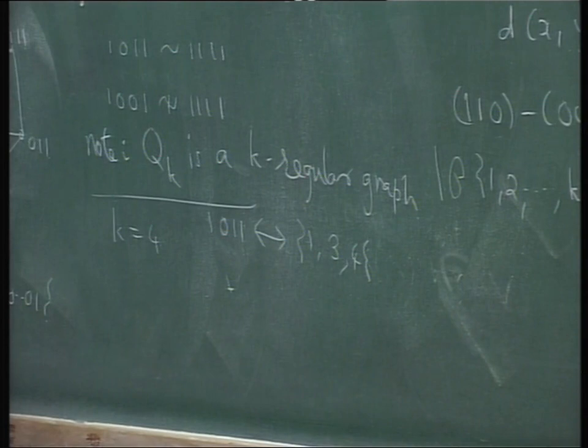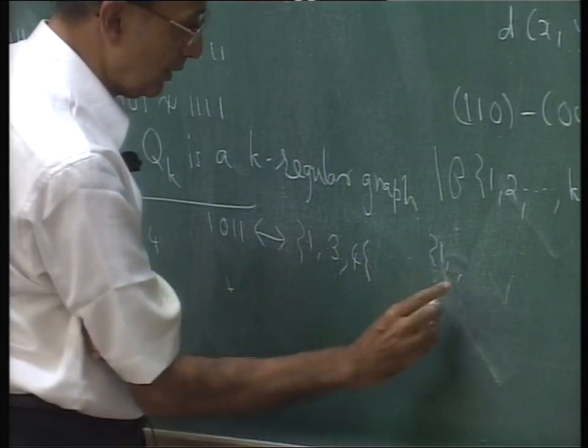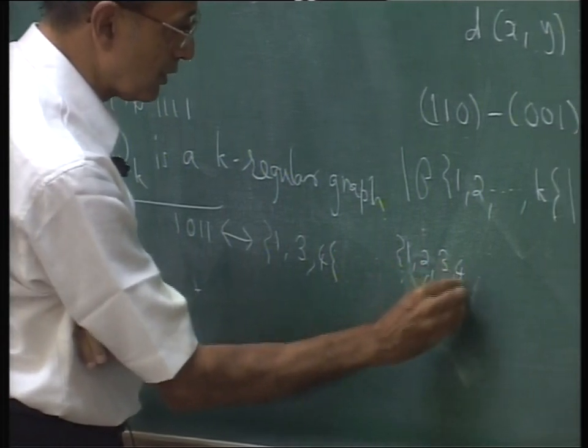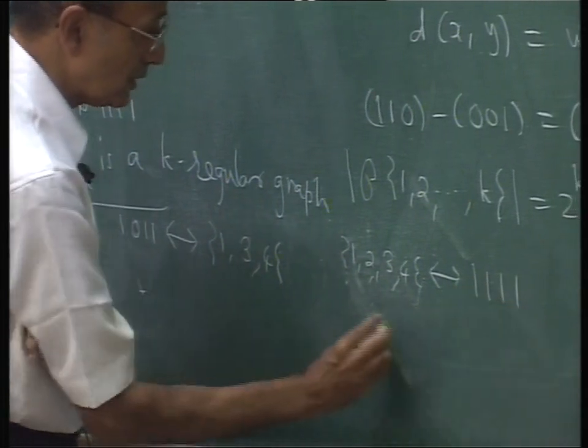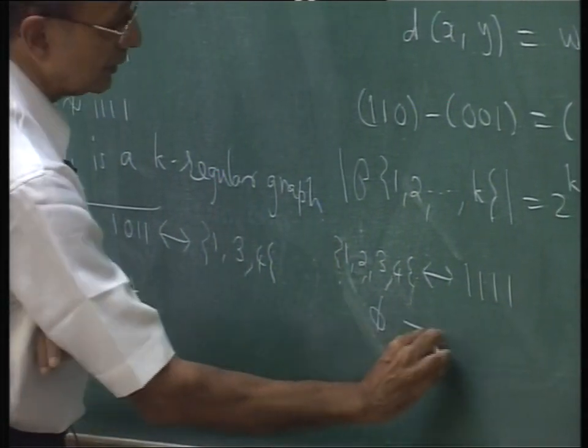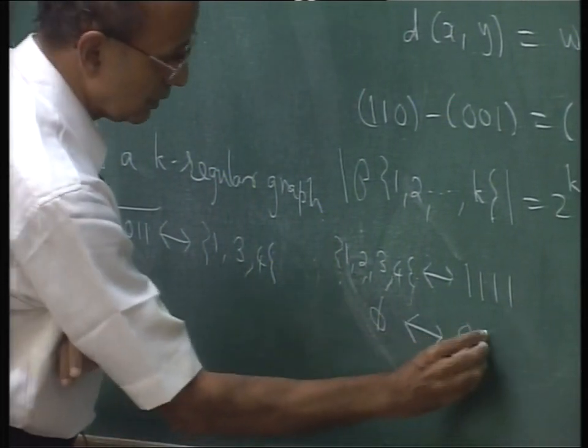Okay? So something like 1, 2, 3, 4 corresponds to the full set, and something like all zeros corresponds to the empty set.